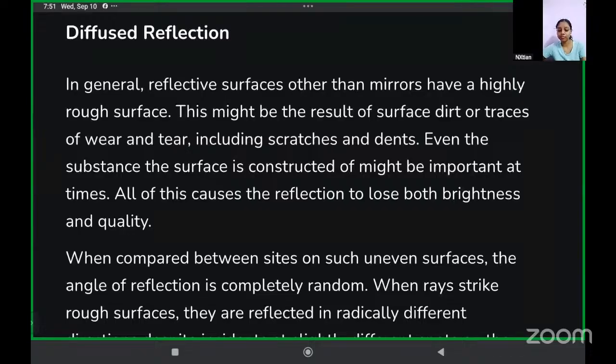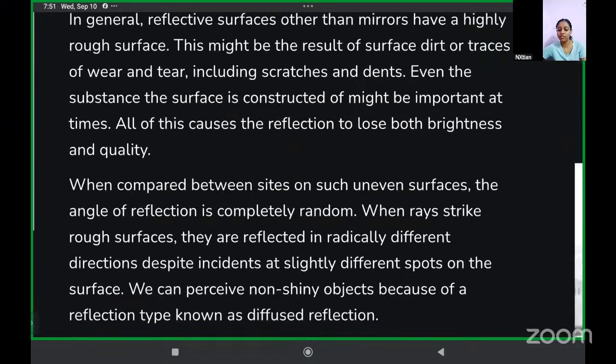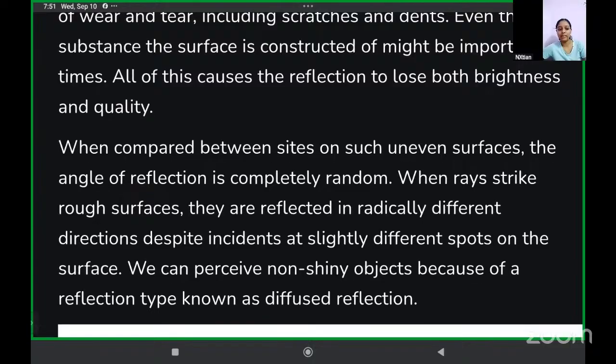Diffuse reflection may be less bright. When compared between sides on such uneven surfaces, the angle of reflection is completely random. When rays strike rough surfaces, they are reflected in radically different directions despite incidence at slightly different spots on the surface.